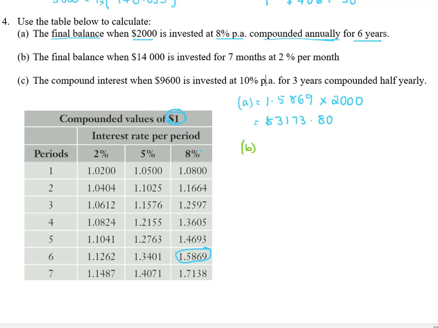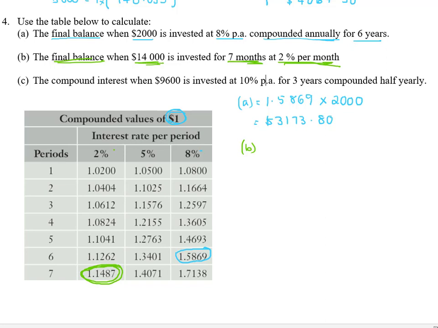So let's look at part B. Part B is the final balance, so that's what my investment's going to be worth. Now I've got $14,000 and it's invested for 7 months at 2% per month. Now these are both in months, so I'm looking at 2%. 2% is here, and it's going for 7 time periods. It doesn't really say whether it's years or anything, so I'm just going to assume it's for 7 time periods.